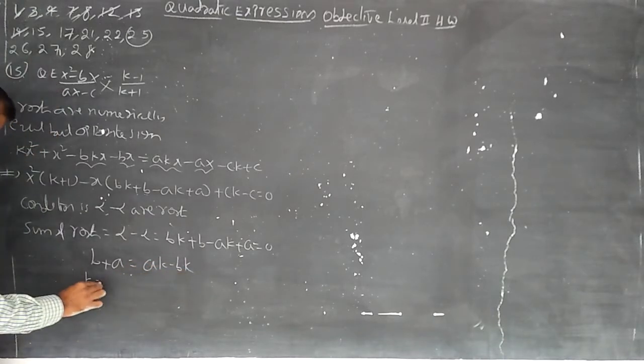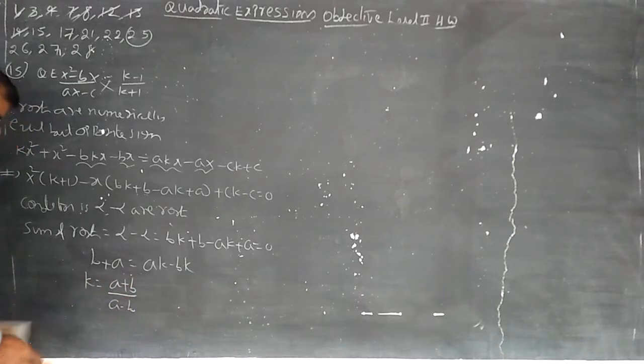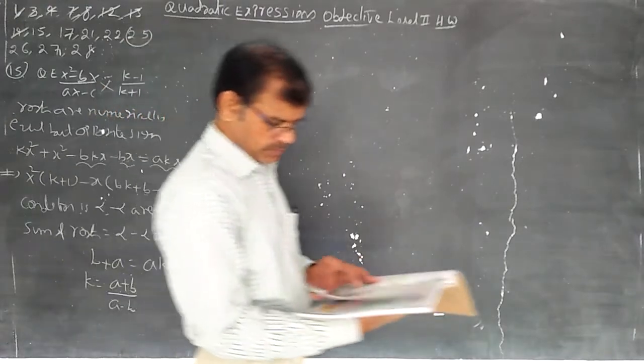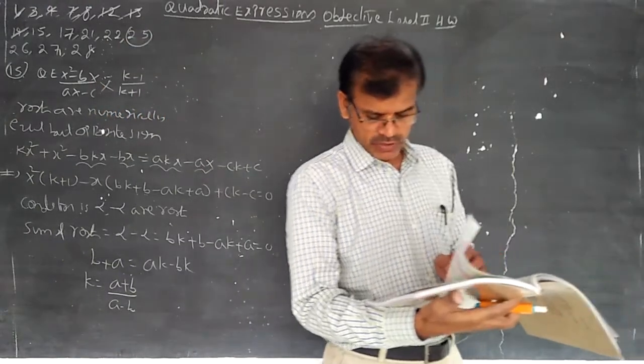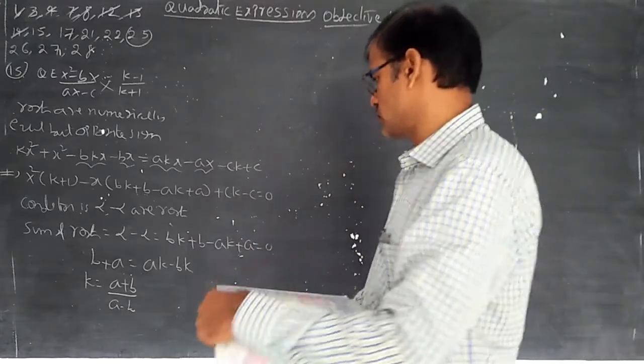So k taken common, k can be written as a plus b by a minus b. K is equal to a plus b by a minus b. In the 15th question, the fourth option is given, we got a minus b.